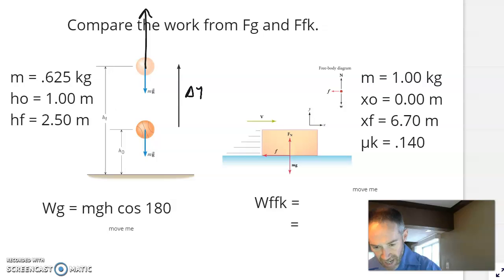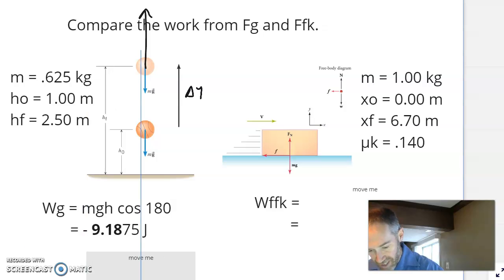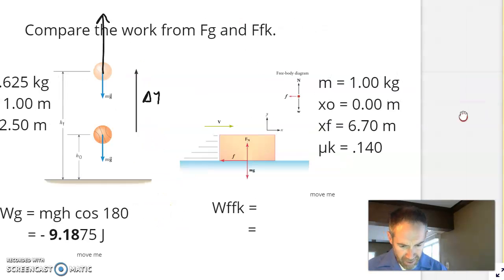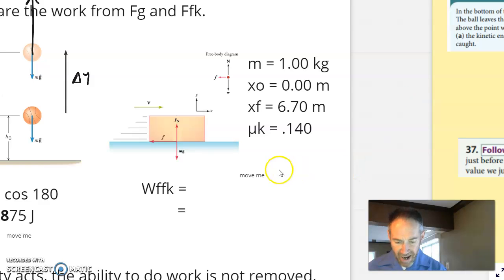The mass is 0.625, the little g, of course, is 9.8, and the difference in height is 1.5, the difference between 1 and 2.5. That's going to give me a negative 9.19 joules.